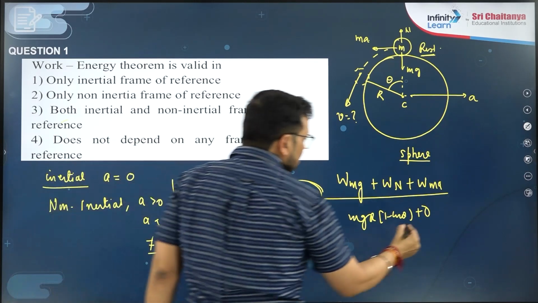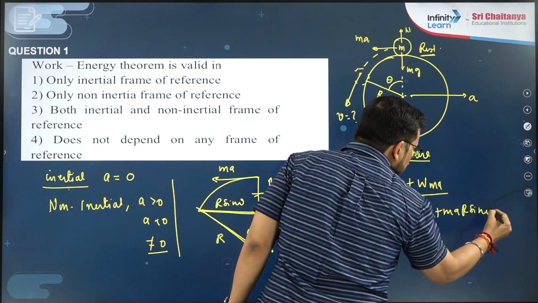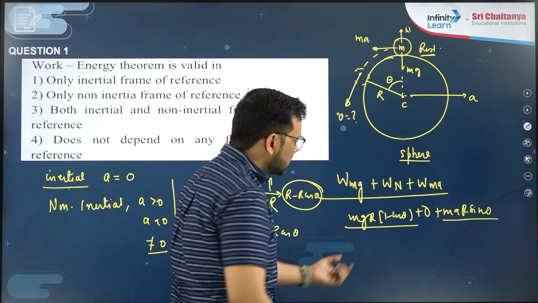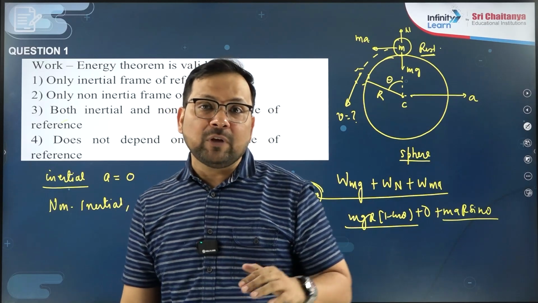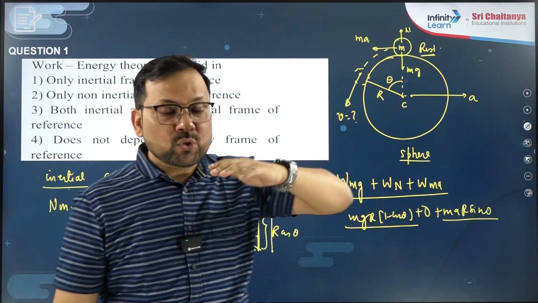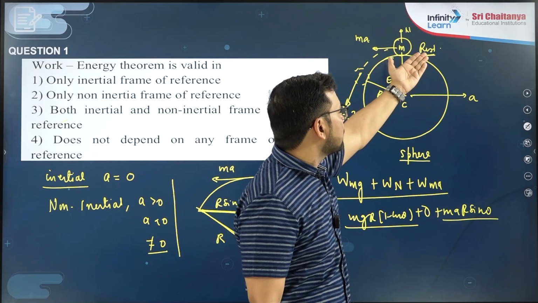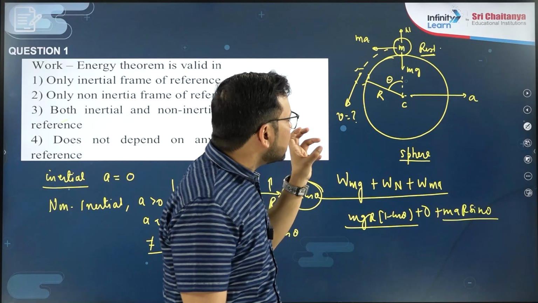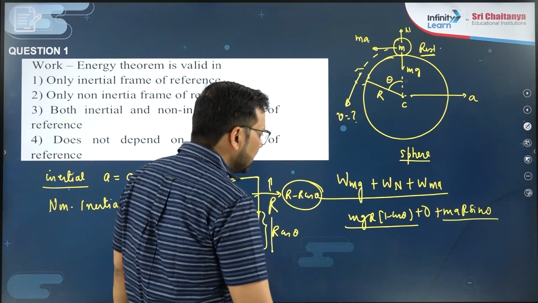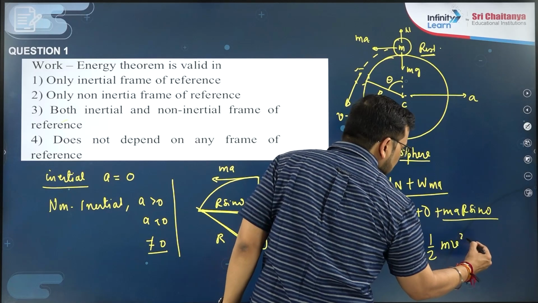So what I will write? ma into r sin theta. You can see these two are positive work, this is positive and this is also positive. Positive work will add to the kinetic energy. Earlier there was no kinetic energy as it was at rest, speed 0, kinetic energy 0. At this point some kinetic energy has been added, so we write final kinetic energy half m v squared minus 0.